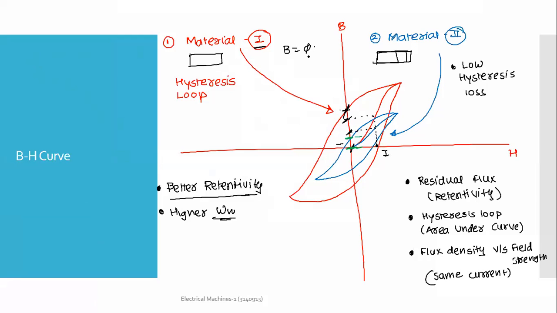So B is equal to phi by A. The area of material 1 and material 2 is the same. Now the flux at this current I, the flux set up by material 2 is this. This is the value of flux it will set up, and the flux set up by material 1 is this. Now what do you think? With the same magnetomotive force, material 1 has higher flux density.